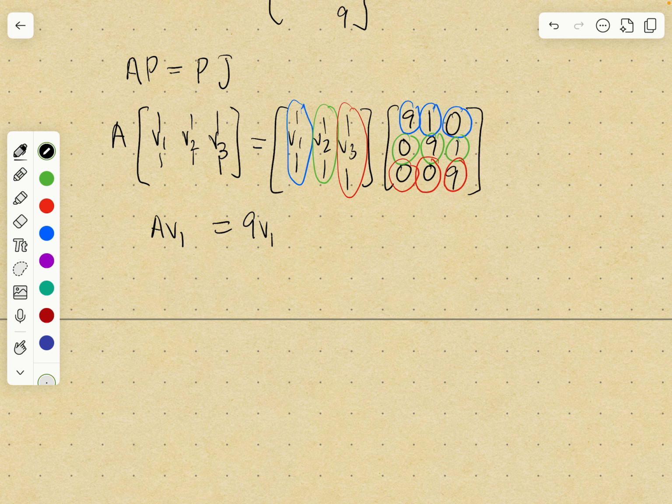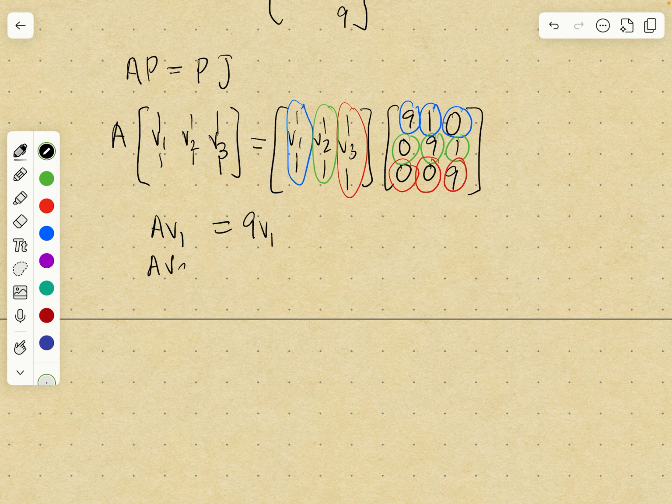And the matrix on the left, when you multiply A by this matrix with columns V1, V2, V3, you get a matrix whose columns are AV1, AV2, and AV3. So when you set the columns of the matrices equal, the first column tells you that AV1 is 9V1. What about the second column?